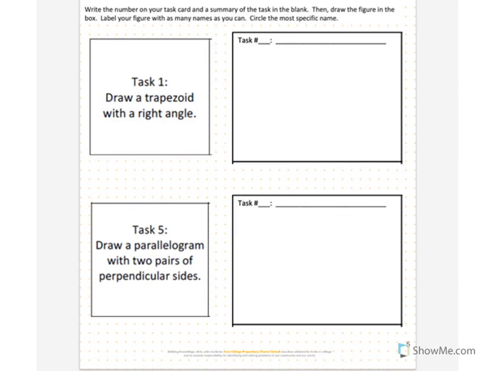Now, you have 4 tasks. You need to follow the guide that's given and see what you can draw. And then you are going to label it with all of the names that you can. So this first one says, draw a trapezoid with a right angle. Okay, so before I even get started, I'm going to brainstorm here. Trapezoid means it needs to be a quadrilateral, needs to have 4 sides. What else do I know if it's a trapezoid?